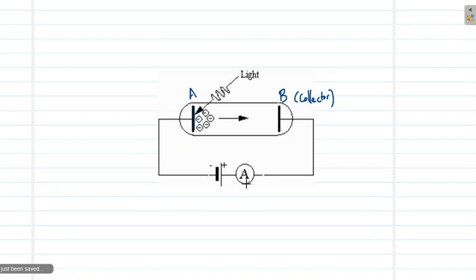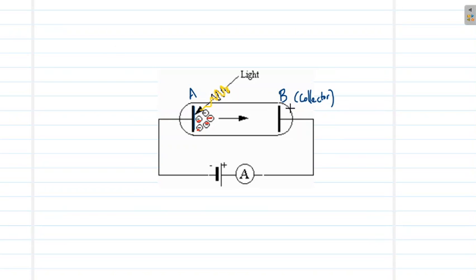Here an ammeter is present to detect current, and during the experiment, light of suitable frequency is allowed to fall on this photosensitive metal. So due to the photoelectric effect, electrons will be emitted by the photosensitive plate. The electrons have the freedom to move to any place.